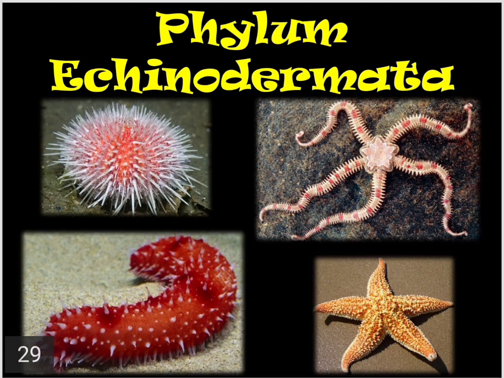Their bodies are triploblastic, eucoelomate, and they show radial symmetry in the adult stage. When they are in a smaller stage, that is in the larval stage, they can show bilateral symmetry, but when they reach their adult stage, they show radial symmetry.